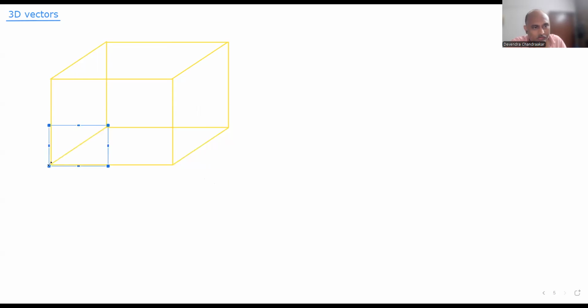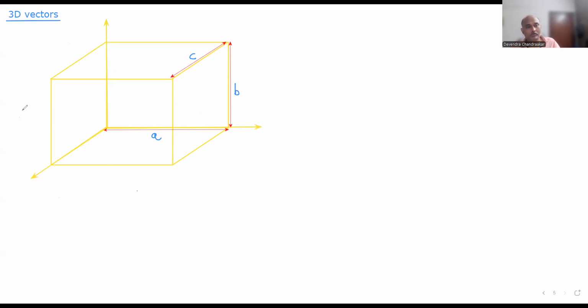So this is a cuboid of dimensions A, B, and C. This is A, B, and C. Right. So this is x-axis. This is y-axis. And this is z-axis. All of you, please pay attention.